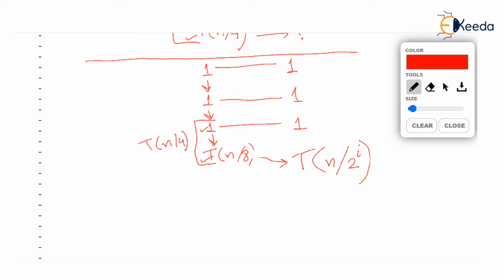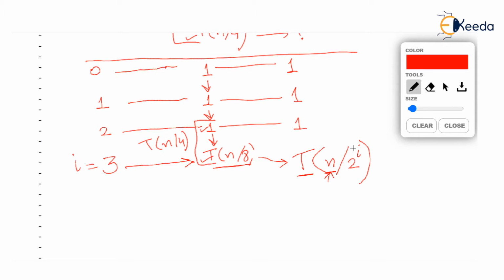Now you put the level number of the root as level 0. Then the level next to the root is level 1, the next is level 2, and obviously the level at which Tn by 8 is located is level 3. So this is perfectly T of n by 2 raised to 3, where I is 3, I is the level number.